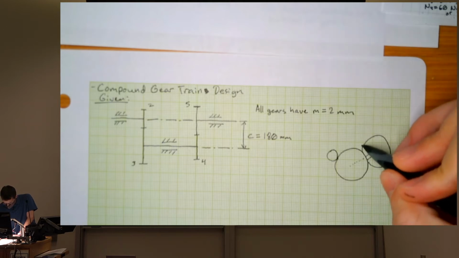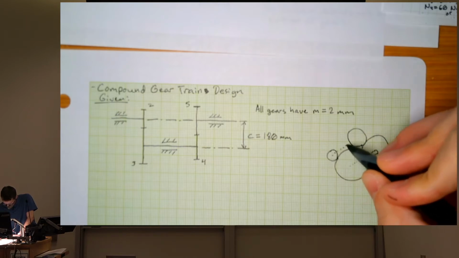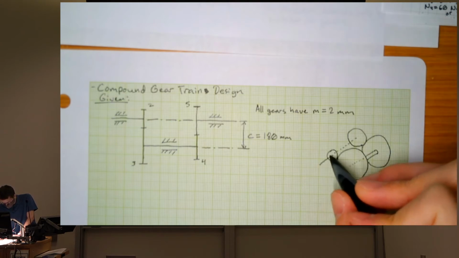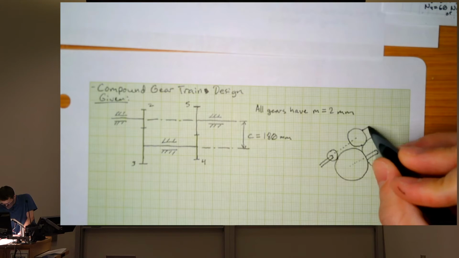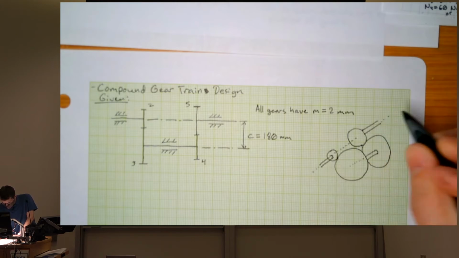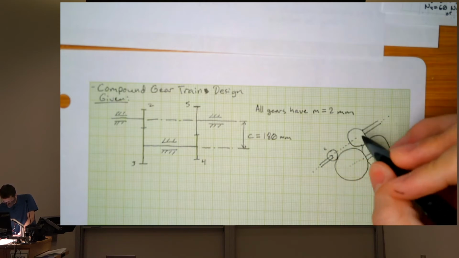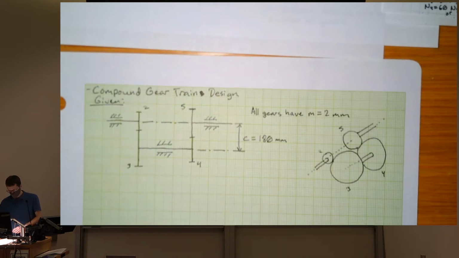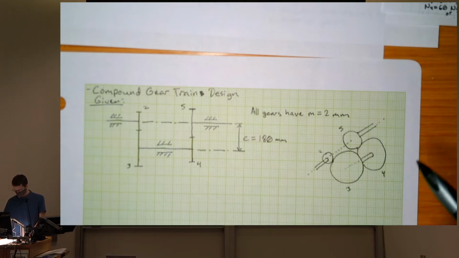And that connects to our output shaft here. So this is our input shaft, and there's our output shaft like that. So this is gear 2, that's gear 5, this is gear 3, this is gear 4. It's something like that. I don't know if that helps visualize it at all, or if that's just confused the mess even more.